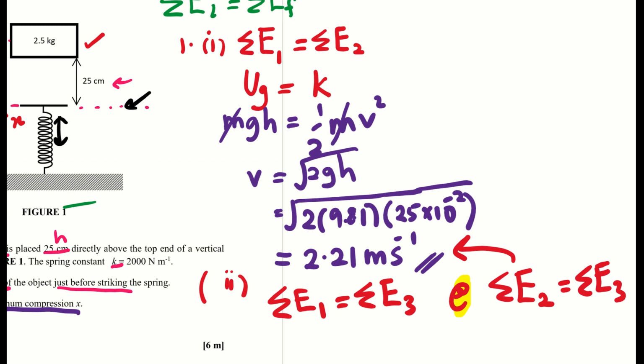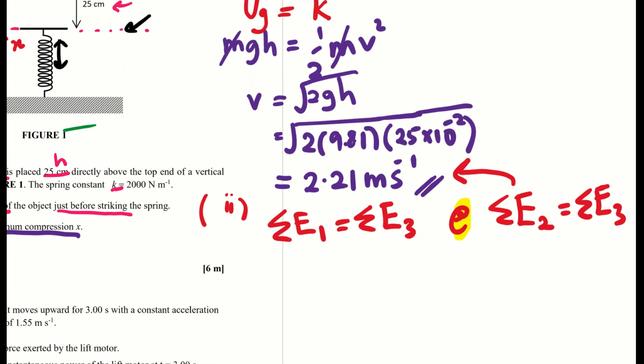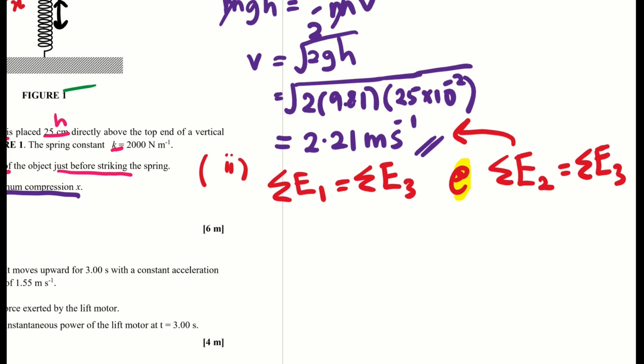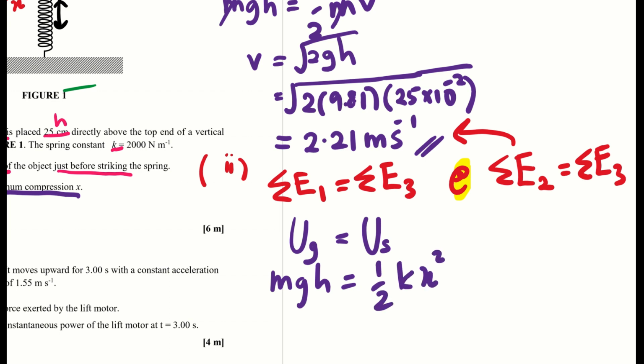It's up to you which equation you prefer, as long as you can solve the problem. I prefer this one. At position 1 we have UG, and at position 3 we have US, elastic potential energy. So the equation is mgh equals half kx squared.